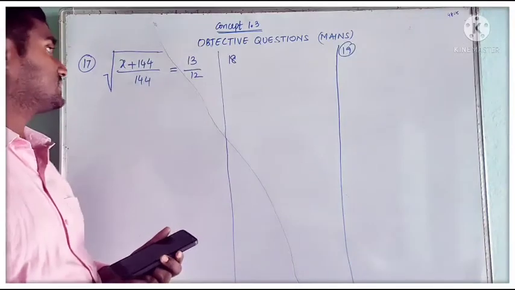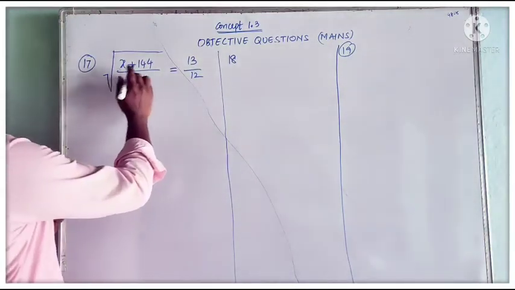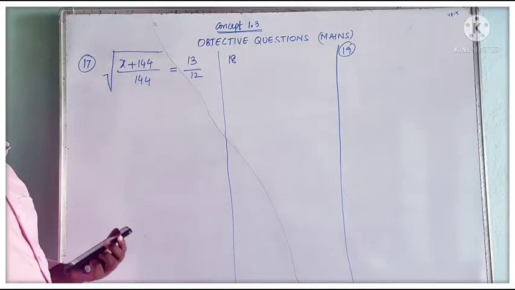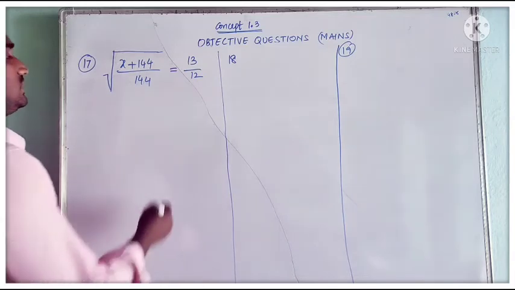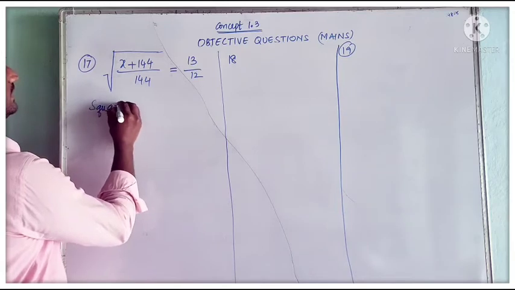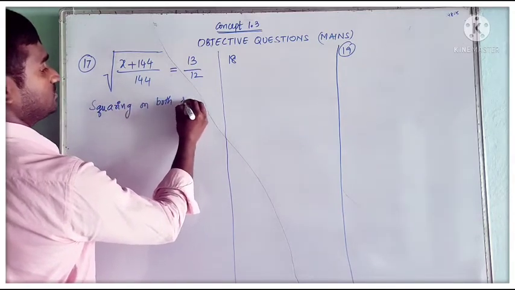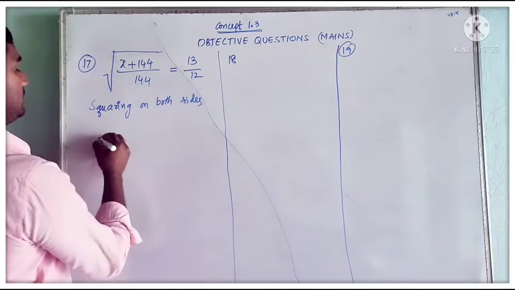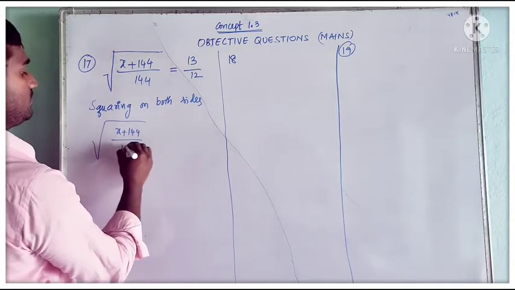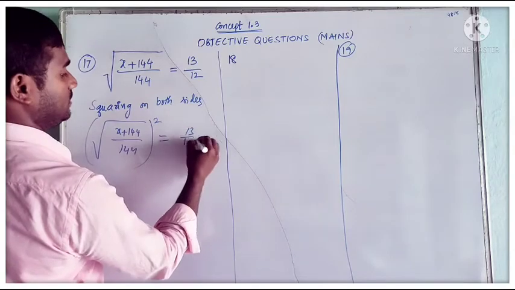Now I am going to discuss the 17th question. If square root of (x plus 144) by 144 equals 13 by 12, then find the value of x. Squaring on both sides, we get (x plus 144) by 144 whole square equal to (13 by 12) whole square.